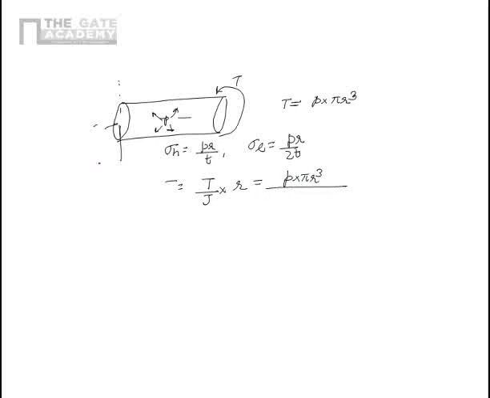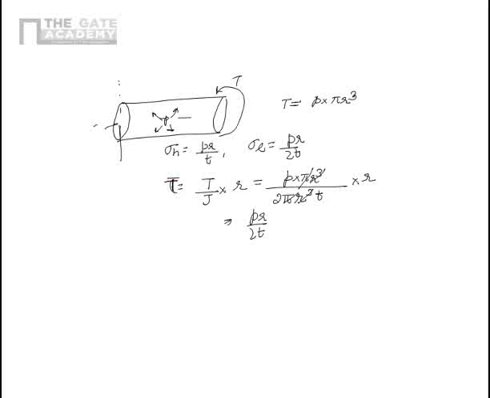J for a thin pressure vessel, like a thin ring, is 2 pi R cube T multiplied by R. So this pi R cube gets cancelled, and we have PR upon 2T. That's the shear stress in the pressure vessel wall.